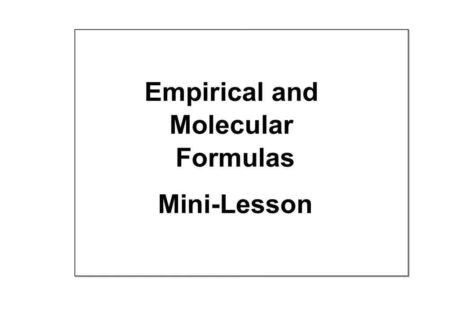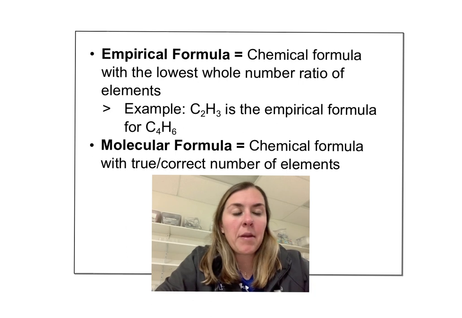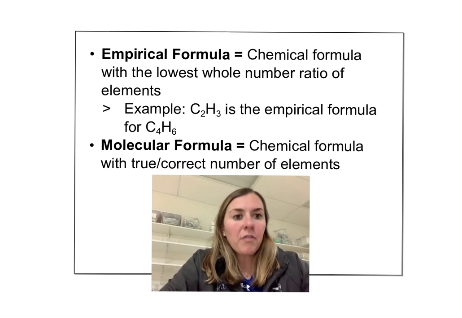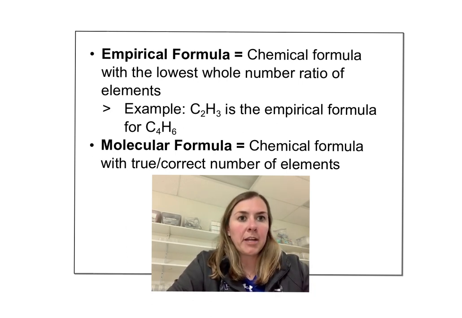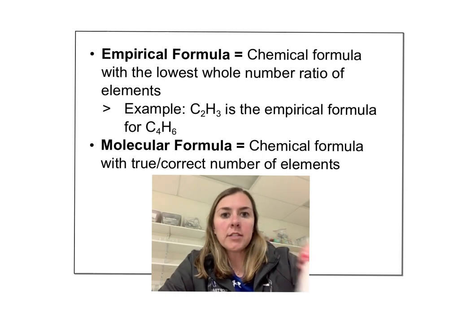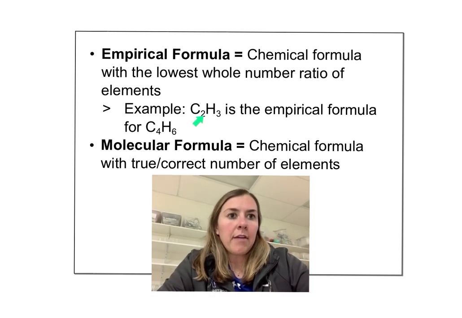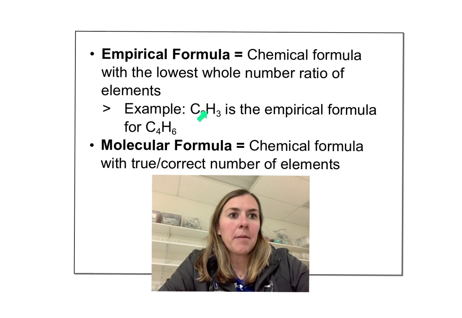All right, you should have watched a video on Monday on empirical and molecular formulas, but here's a little bit of a recap. The definition of an empirical formula is the chemical formula that has the lowest whole number ratio for the elements. So, for example, a formula C2H3 is the empirical formula for the compound C4H6.